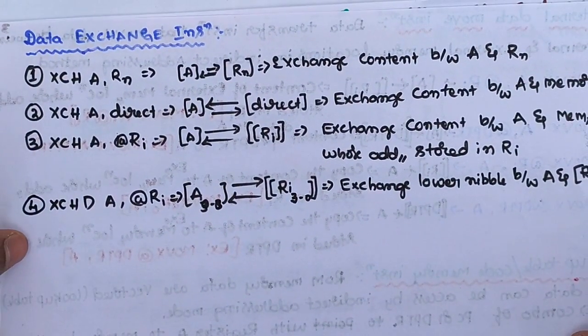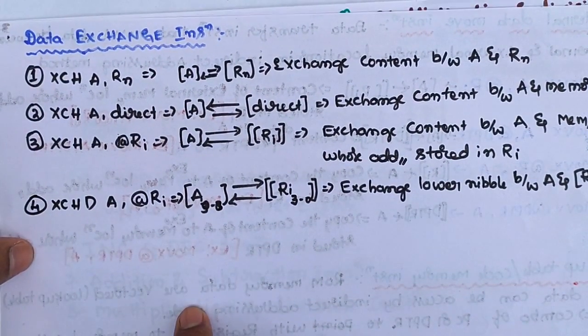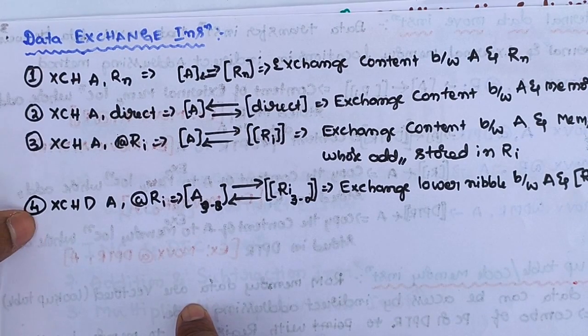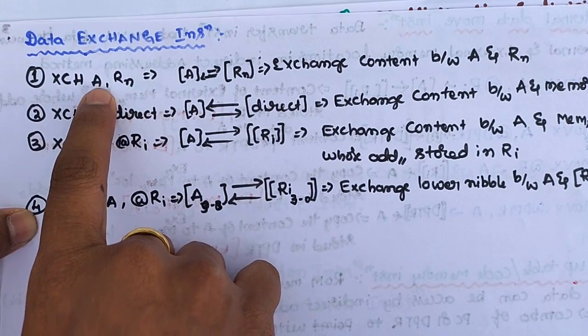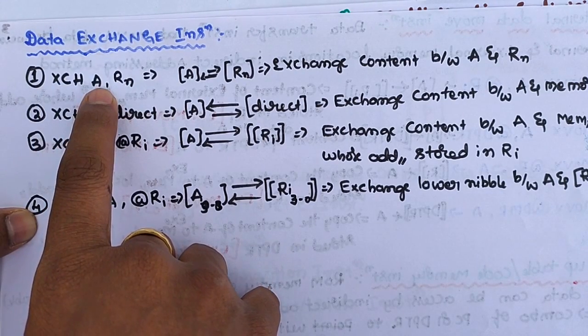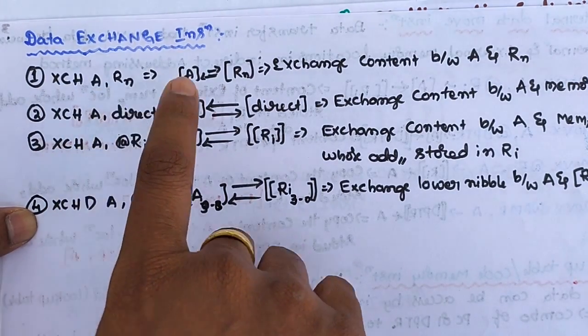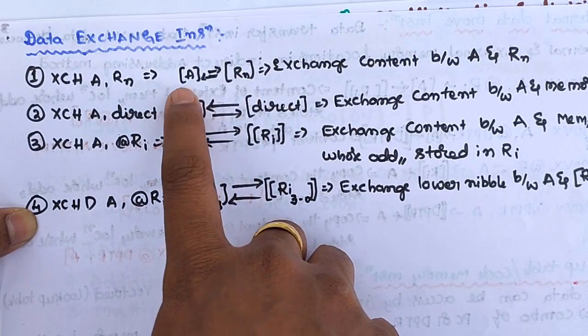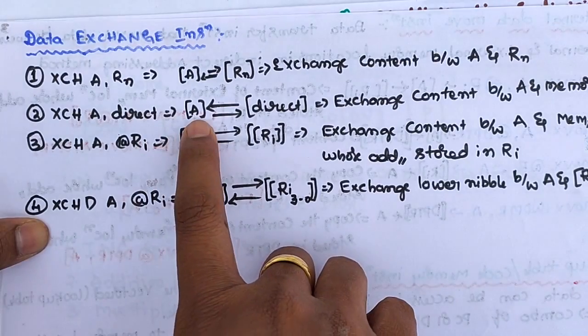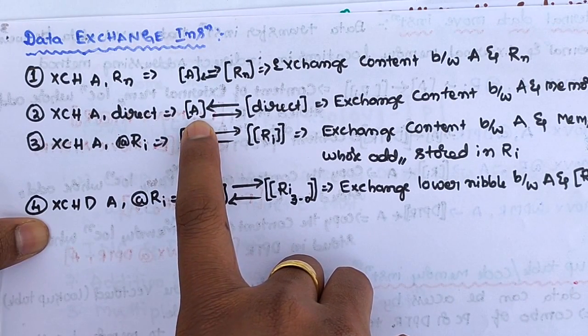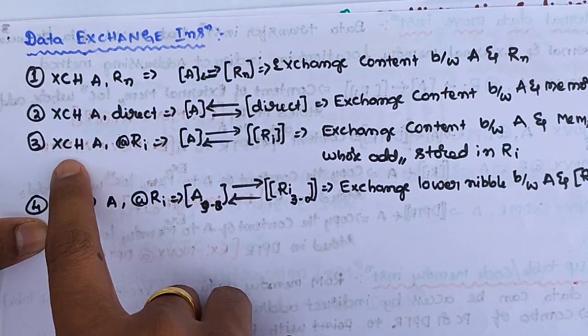And for data exchange programs, some instructions are there to swap the information between two registers. That can be done through the exchange instruction. XCH A comma Rn indicates that the contents of Rn and A will be exchanged. In XCH A comma direct, the content of A will be exchanged with the direct memory location.